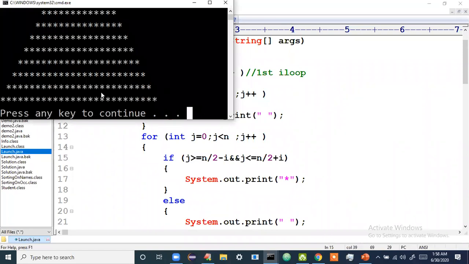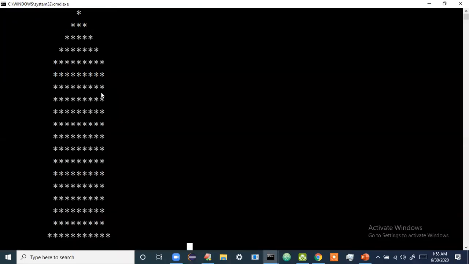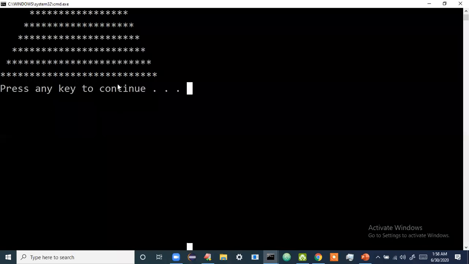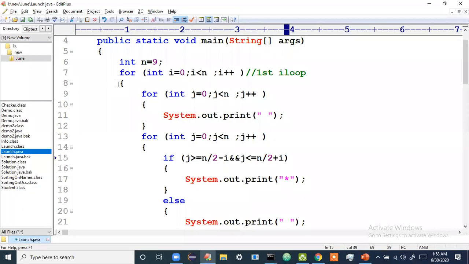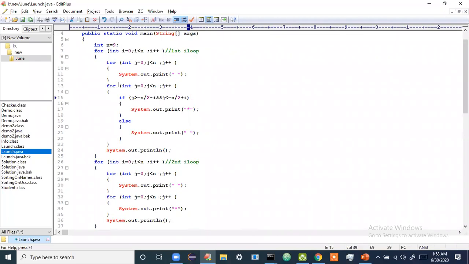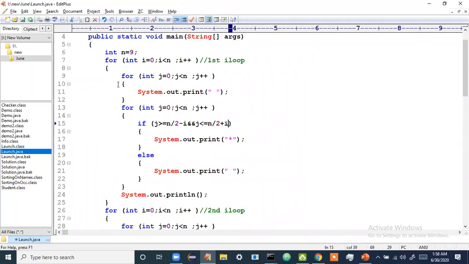See, we have got this rocket. I hope everyone can see this. Okay, so what you can do is maybe you can take this screenshot. First I loop. I hope you have taken the screenshot.